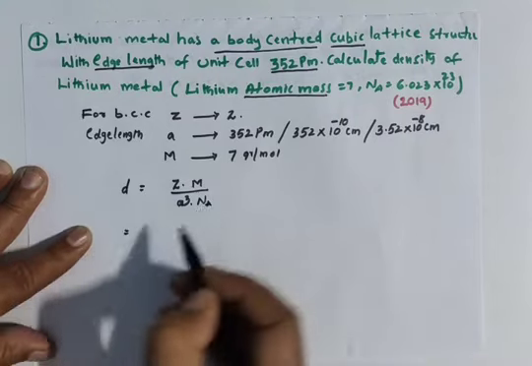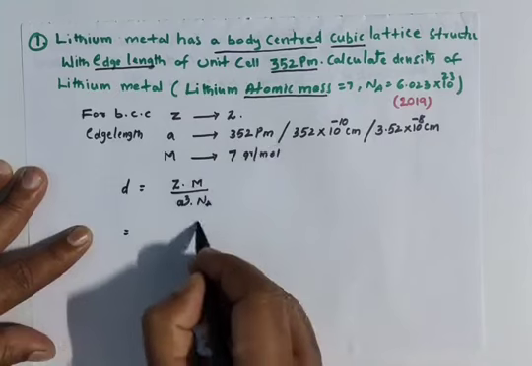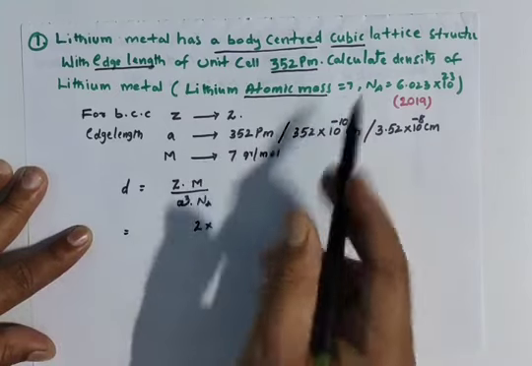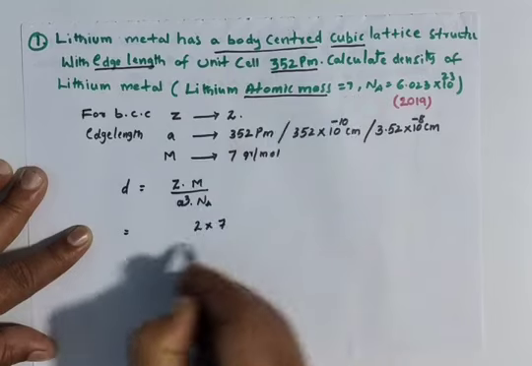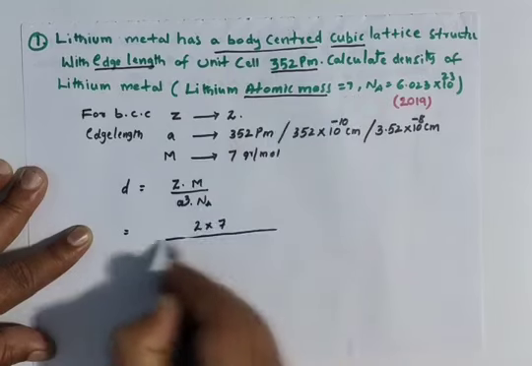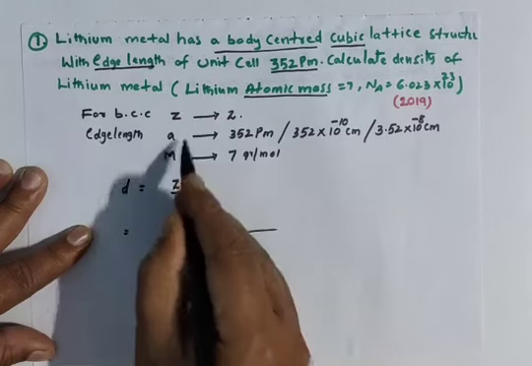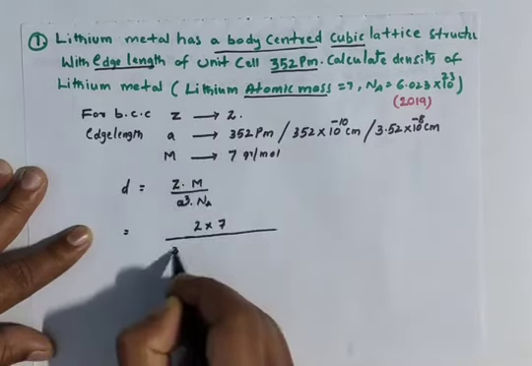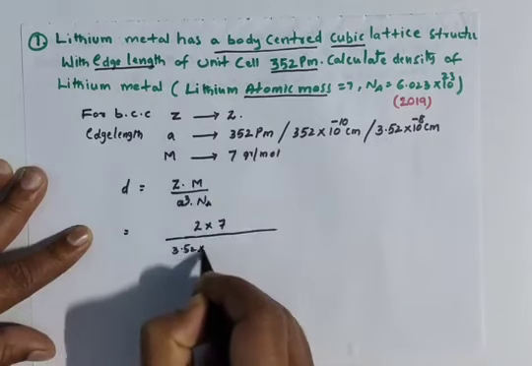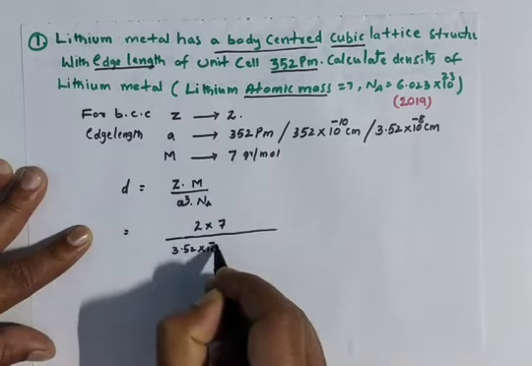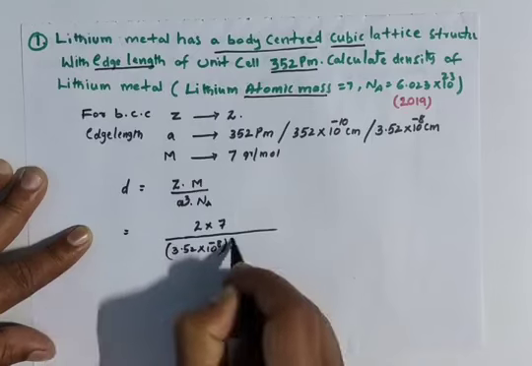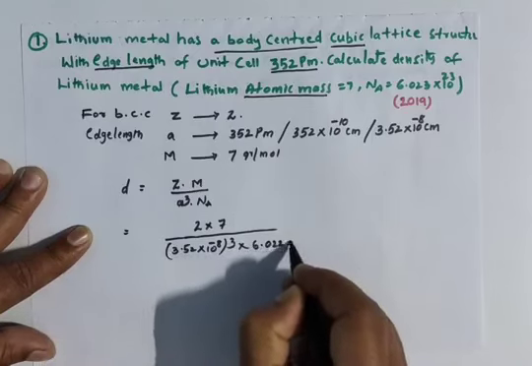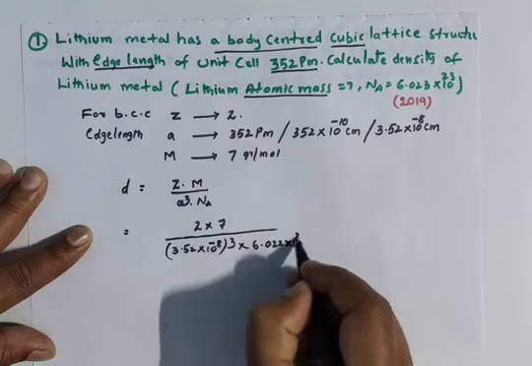Substitute the given terms: Z value 2 into mass of lithium 7 upon a cubed, where a is 3.52 into 10 raised to minus 8 whole cubed, into 6.022 into 10 raised to 23.